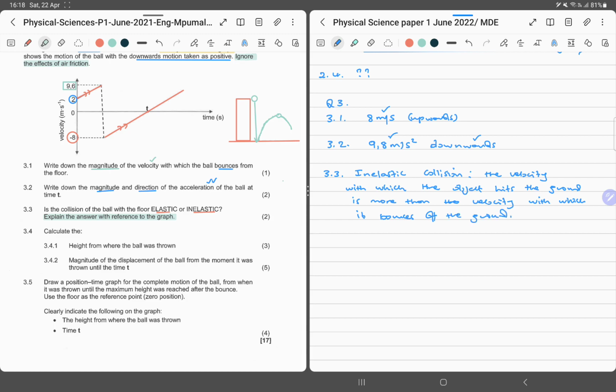My writing is not good, but I'm sure you can follow. So that's what we can see. You can even include those magnitudes, but either way, you put it in a way that makes sense and you walk away with your 2 marks by choosing the type of collision and your explanation. So let's go for 3.4. It says now calculate, so this is where the action is.